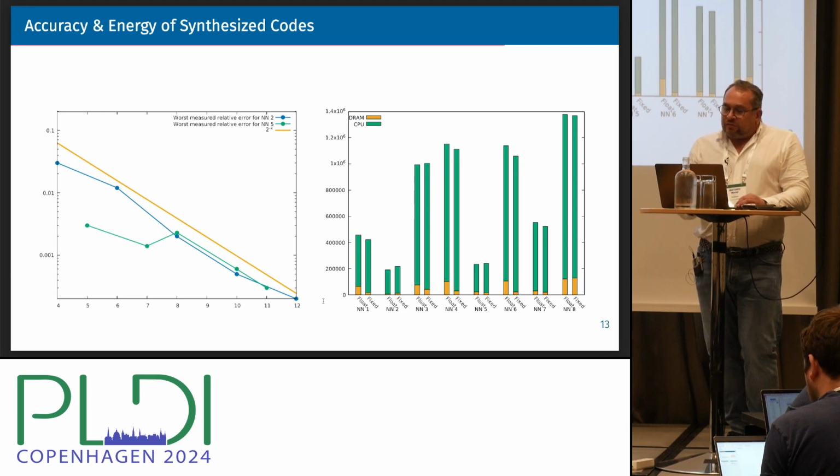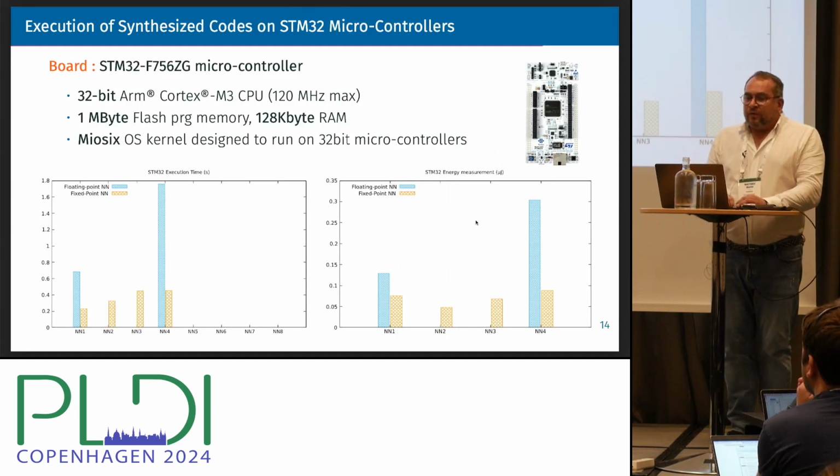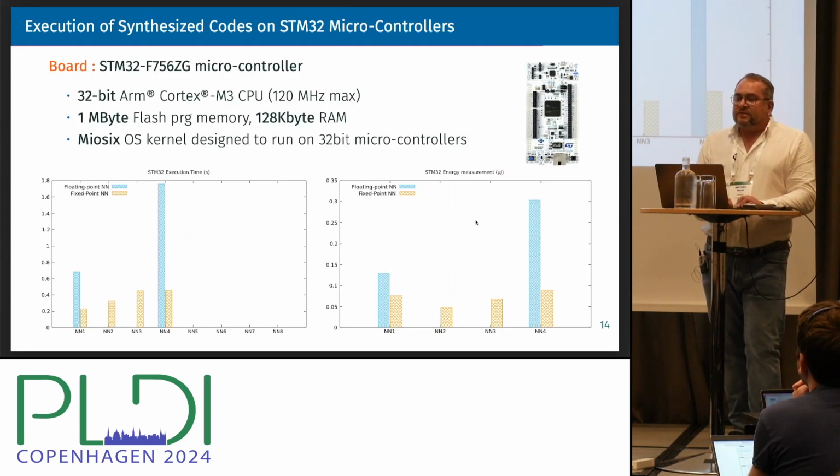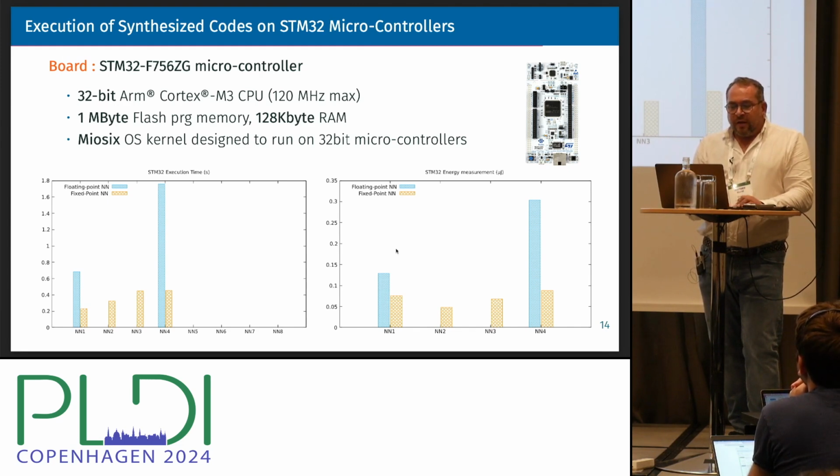On the right, you have a measure of CPU and memory used by the fixed point, the second bar, and the floating point execution. So it's rather the same there. But when we go to a microcontroller, here an STM32 microcontroller, we can see that we use far fewer resources in fixed point.